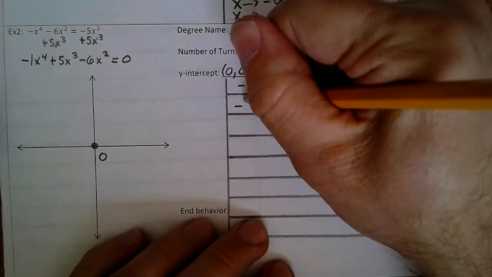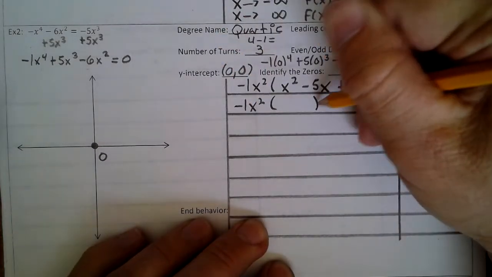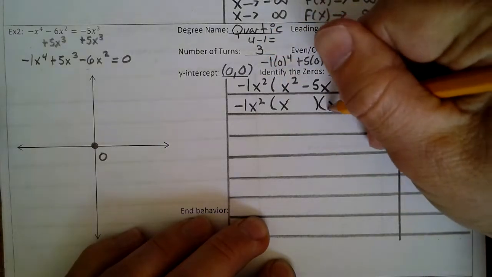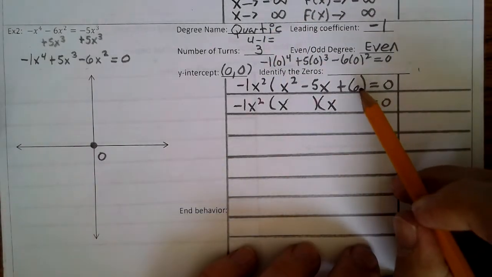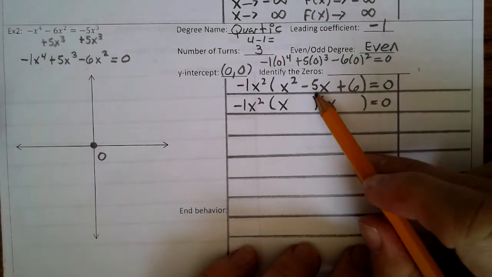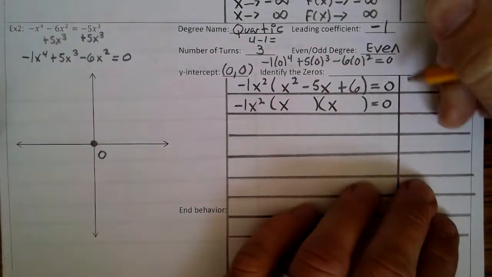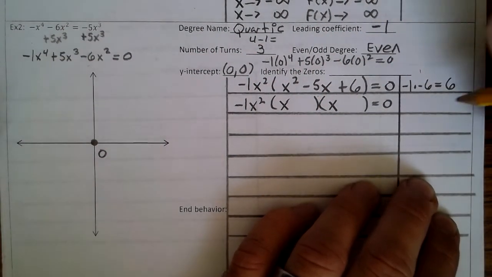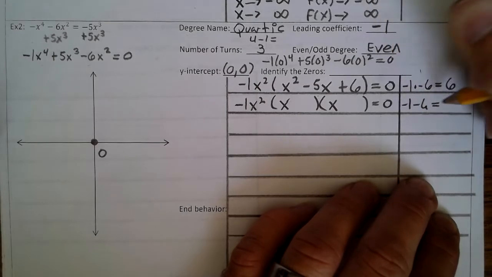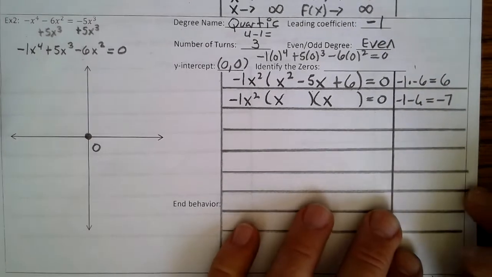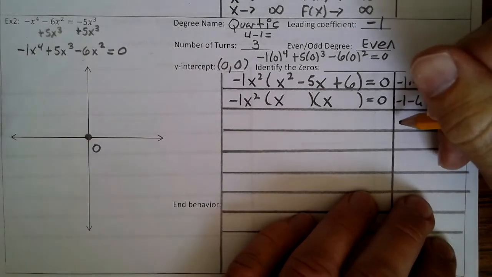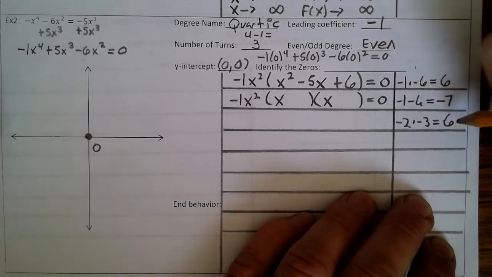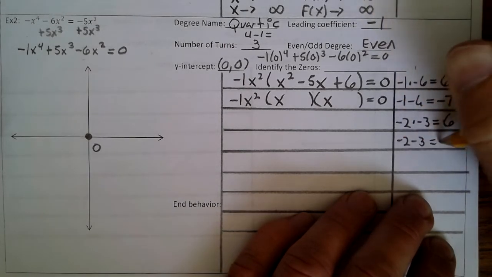So we know x and x. Now we need to find all the combinations that multiply to give you positive 6 and combine to be -5. So 1 times -6 is positive 6. 1 minus 6 is -5... -1 minus 6 is -7. That doesn't work. -2 times -3 is positive 6. -2 minus 3 is -5. So that works. So x minus 2, x minus 3.